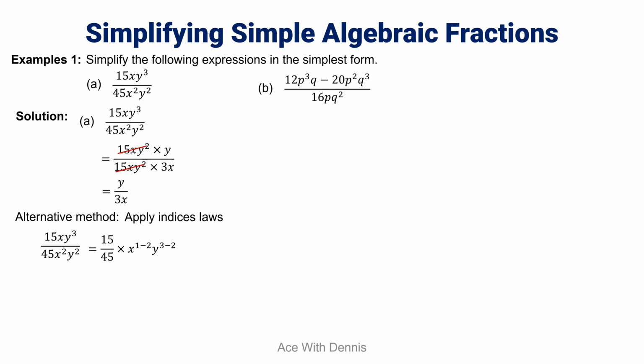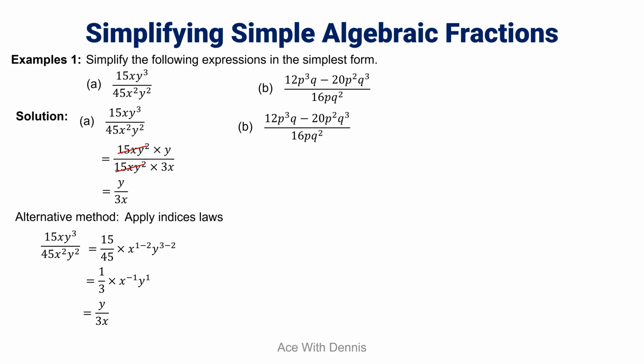So the expression becomes 15 over 45 times x to the power 1 minus 2, y to the power 3 minus 2. So we'll get 1 over 3 times x to the power negative 1, y to the power 1. We want to put the answer as positive indices, hence the answer will be y over 3x.